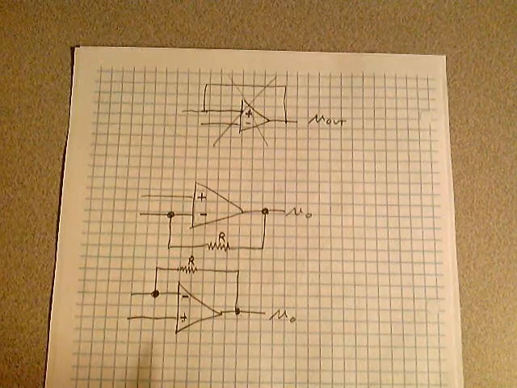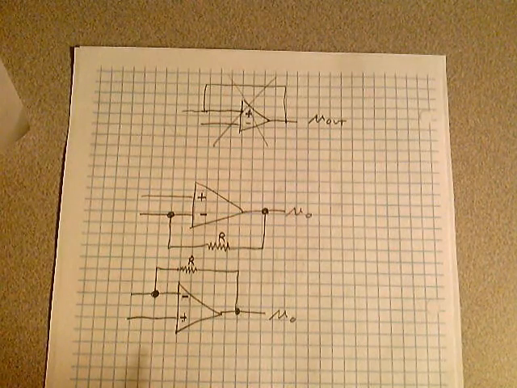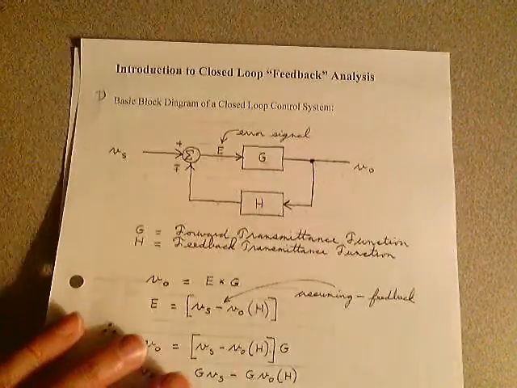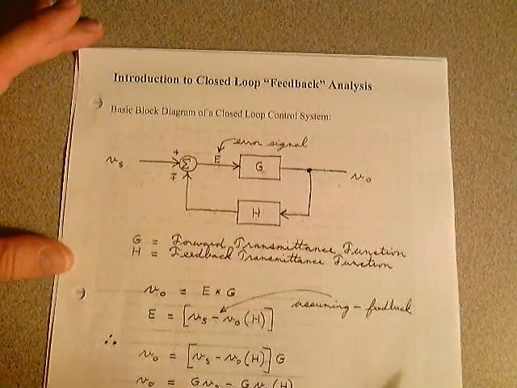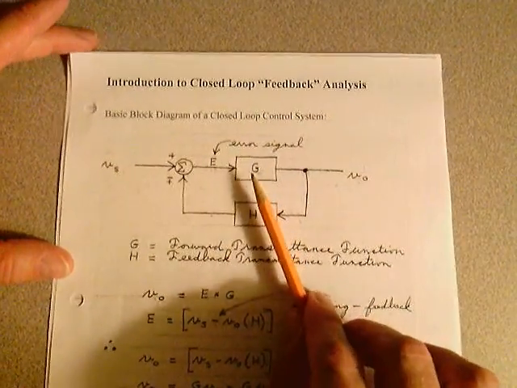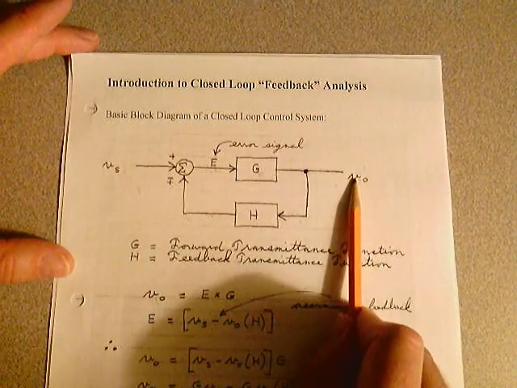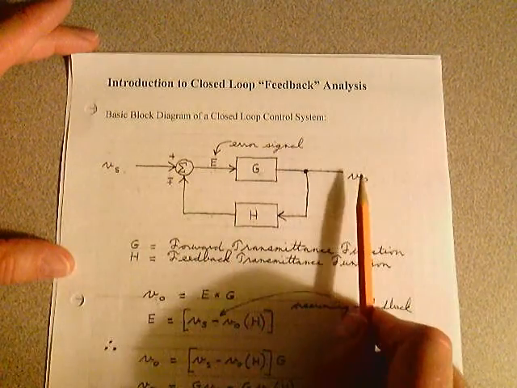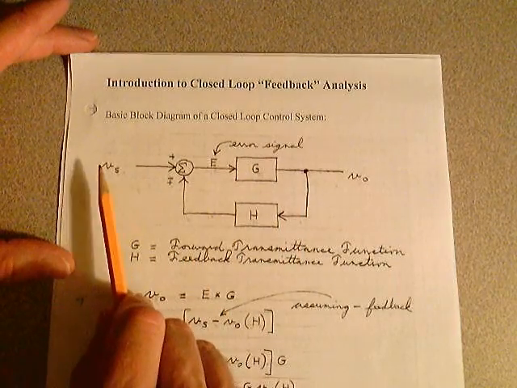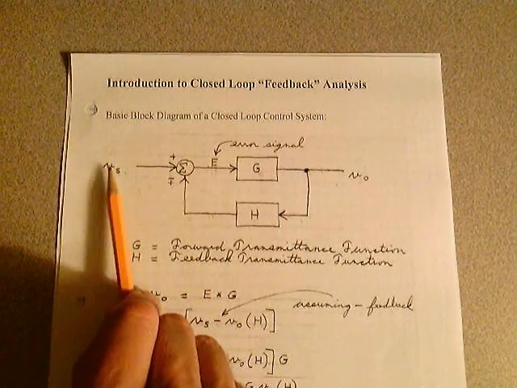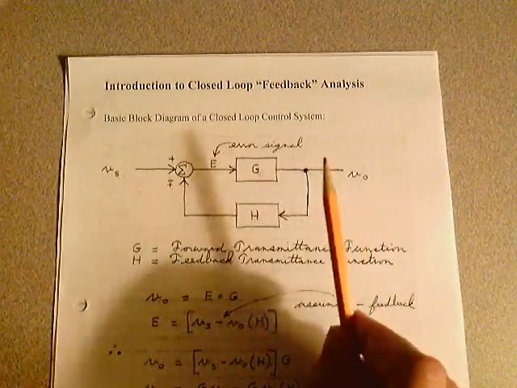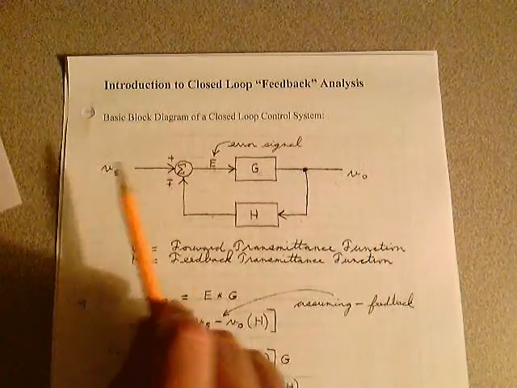So as a quick review, I showed you how to take a block diagram of a closed loop feedback system, boil it down to this. You have inputs and you have outputs, and the purpose is to control that output based on what you're seeing on the input. And what are some of the inputs and what are the outputs they control? These are voltages in both cases.